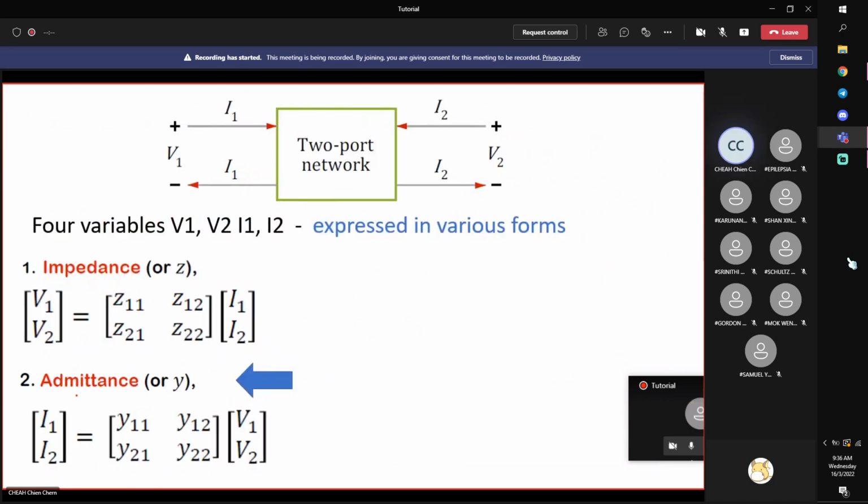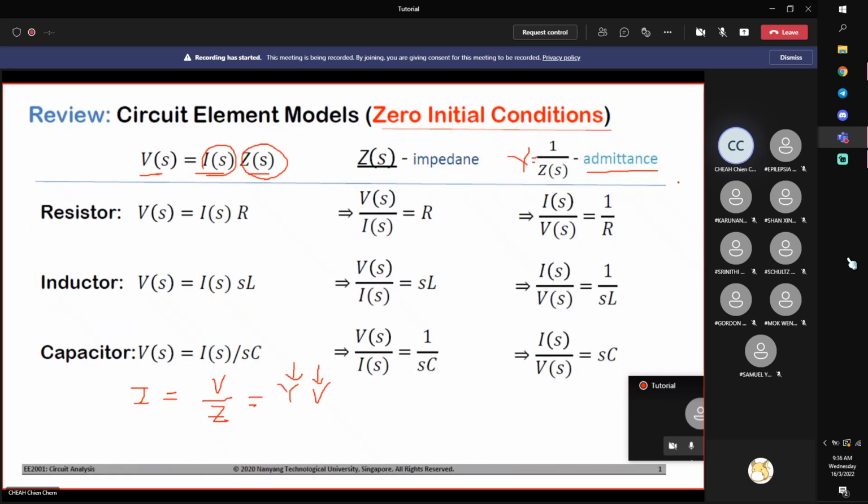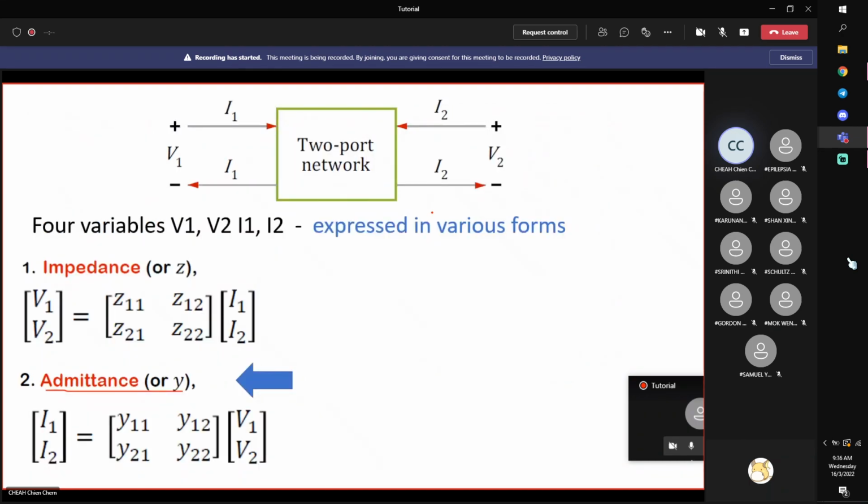Similarly, we have this admittance form in the two-port network, and this is good for parallel combinations. If you have a parallel combination, you add up the admittances, and then you invert it back to get the impedance. For example, if you have two resistors in parallel, you use 1 over R1 plus 1 over R2, you get the overall conductance, you invert it, you get the equivalent resistance.